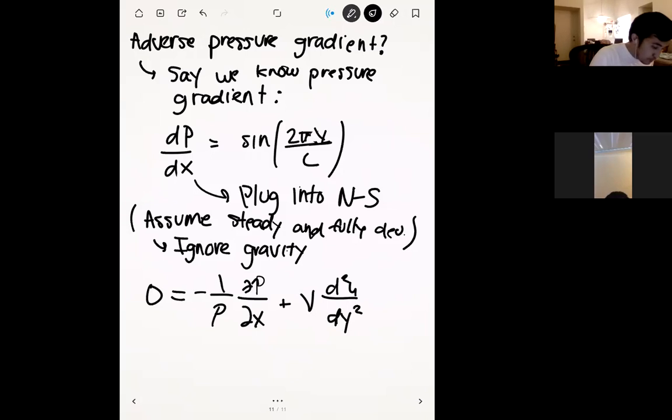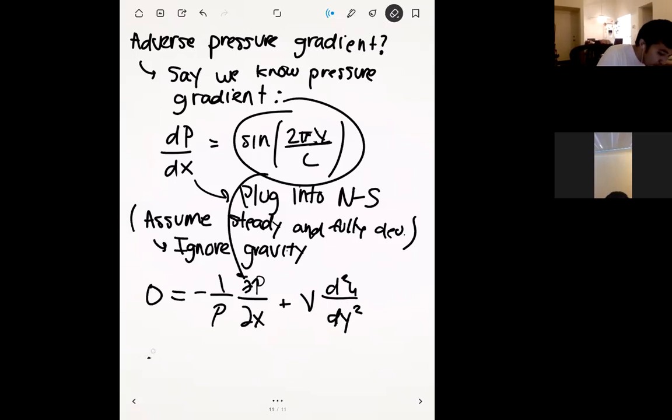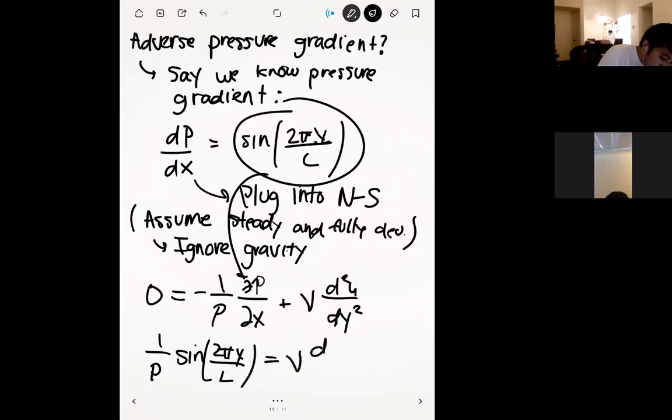In this case, we know what the pressure gradient is, so let's plug that in and move it to the other side of the equation. So we have 1 over rho times sine of 2 pi y over L equal to nu d squared u dy squared.